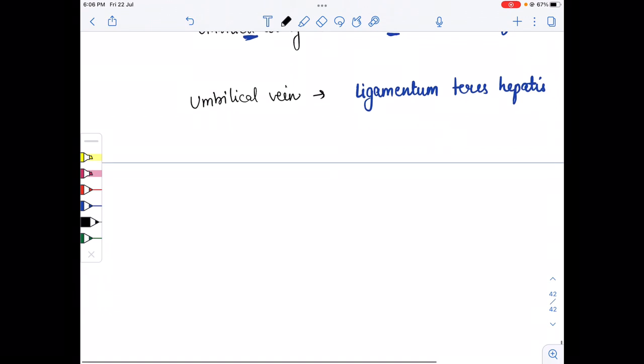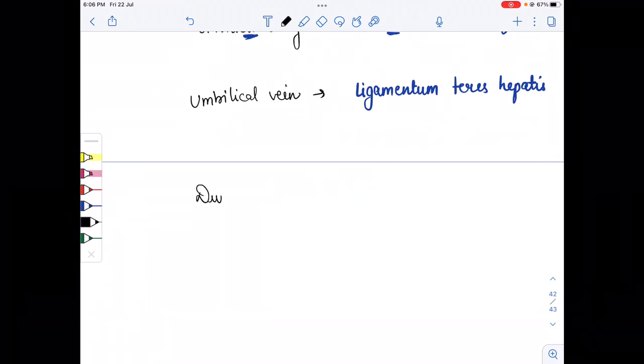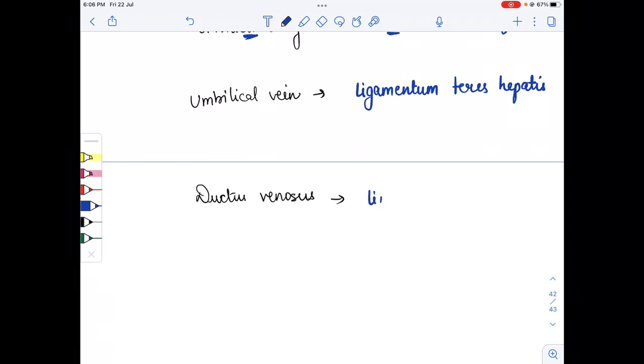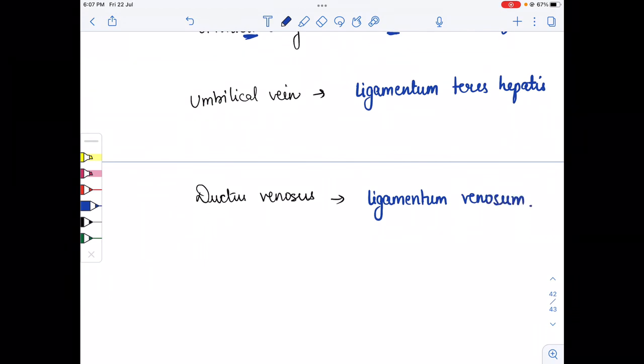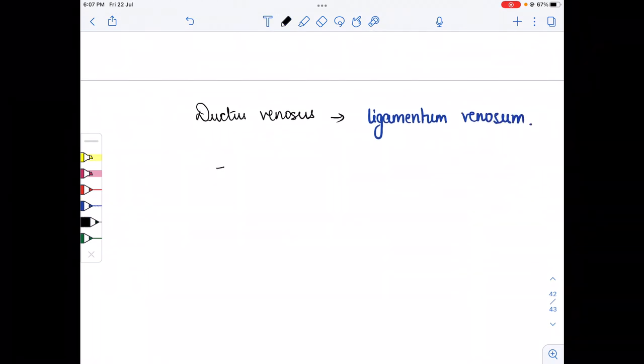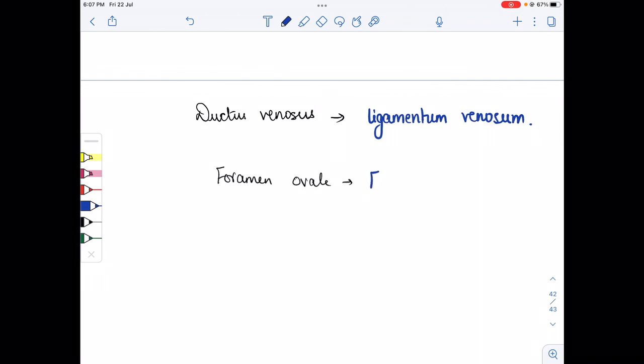Ligamentum teres hepatis. After the umbilical vein, we have the ductus venosus. The ductus venosus is going to convert into the ligamentum venosum. After that we have the foramen ovale.